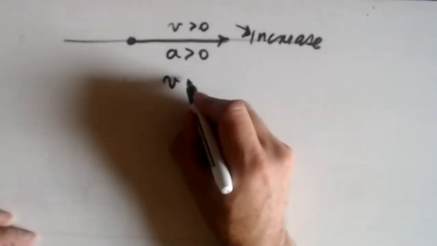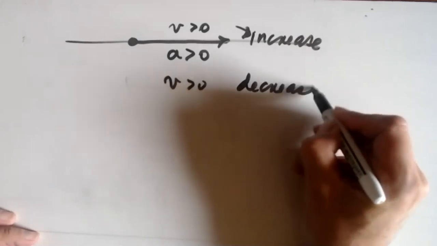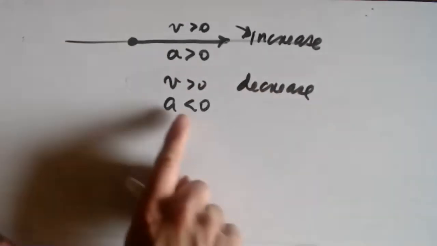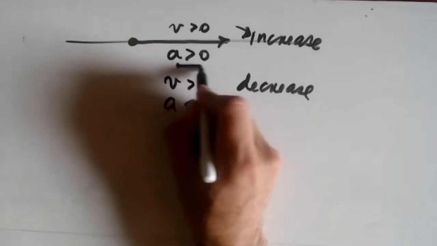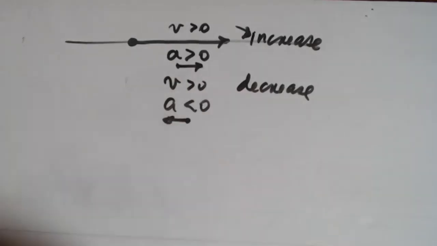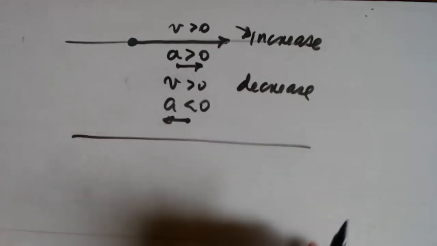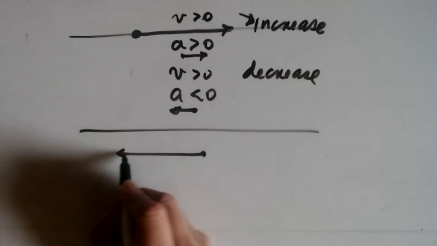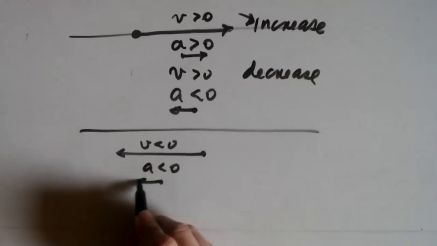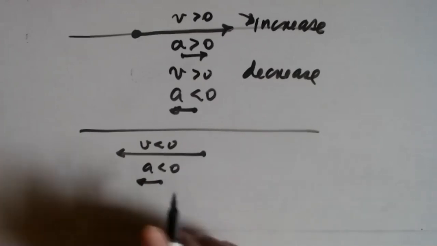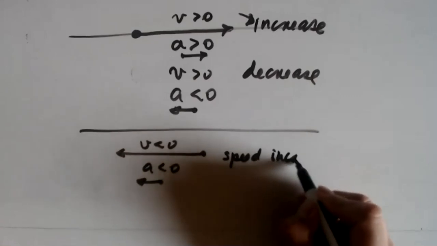The velocity, even if positive, decreases when the acceleration is negative because it's going in the opposite way. So the acceleration works also in this direction, but in this case, the acceleration works in this one. Now, in the other direction, if your velocity is negative, and the acceleration is negative, the acceleration works in the same direction. So the speed increases, correct?